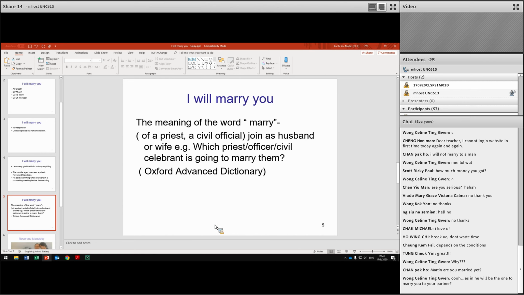In fact, when I went back home, I found a dictionary to look up the meaning of the word marry. One of the less common meanings is to join as husband or wife, for example, which priest, which officer, which civil servant is going to marry them. To marry you means to officiate the wedding ceremony.